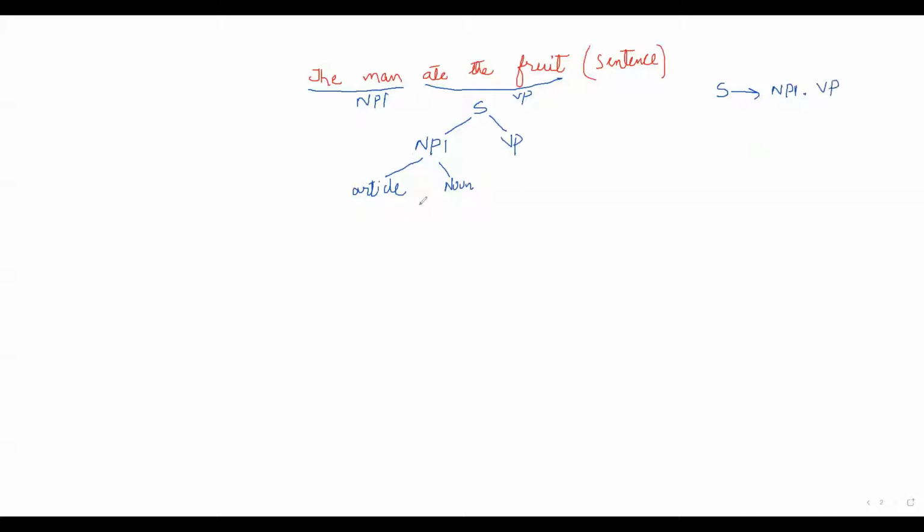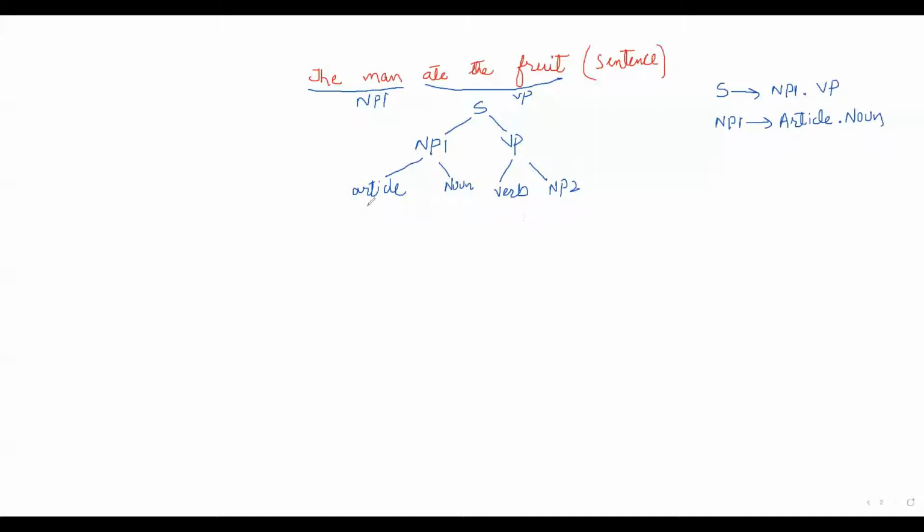And noun phrase 1 has an article concatenation with noun. So verb phrase can also have two parts. Verb phrase has the verb and the noun phrase, let's say noun phrase 2.